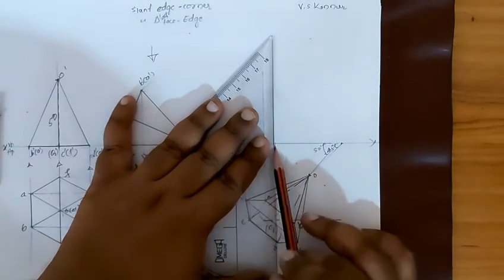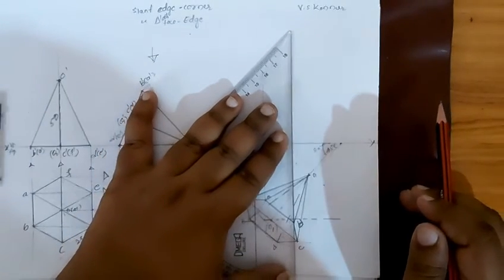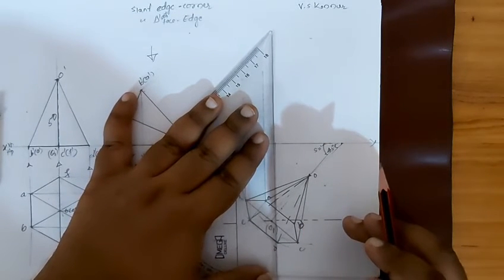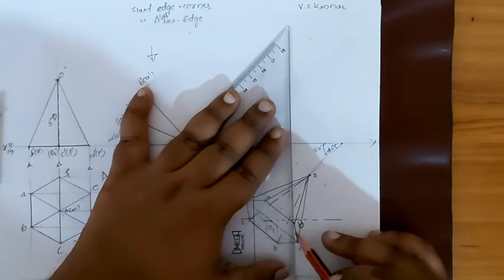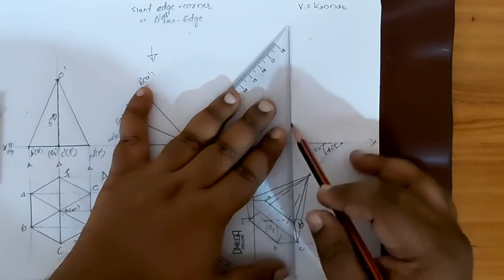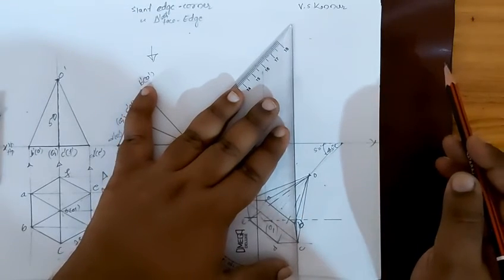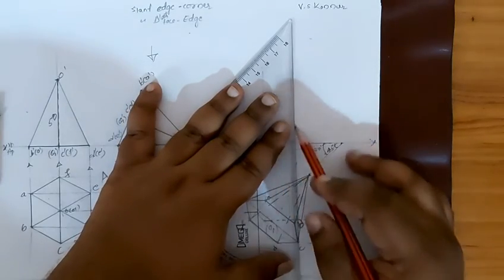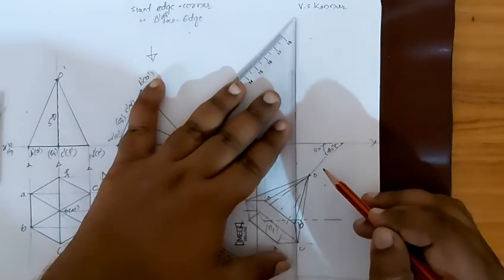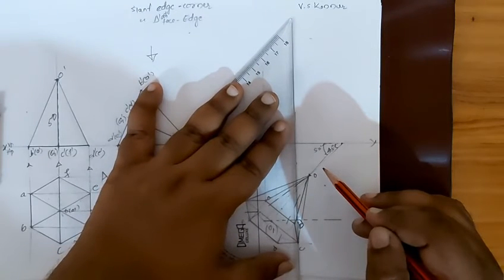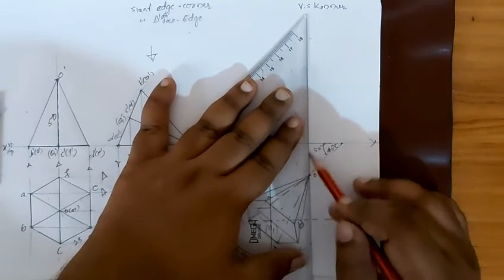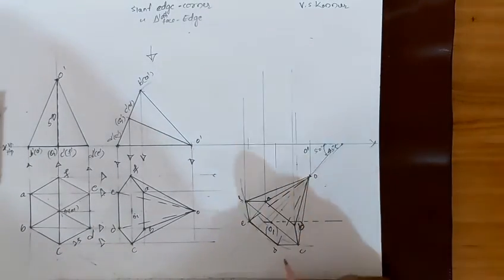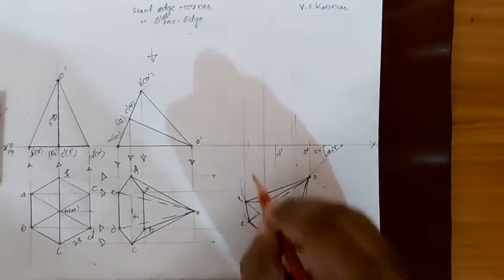D point, D is on the XY line. B point, C, here we will get the O dash point, D dash point, E dash point.